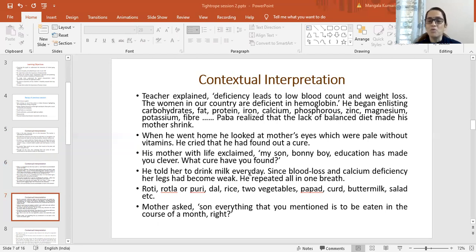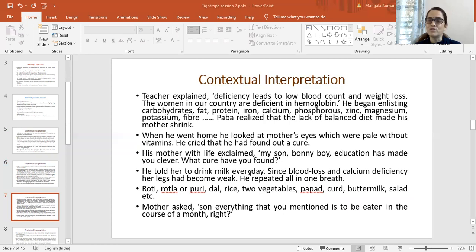When he went home, he looked at mother's eyes, which were so pale without vitamins. He cried that he had found out a cure. Mama, I have found out a cure for your weakness. So his mother got so enlivened. Life came to her wrinkled face and she asked, my son, education has made you clever.